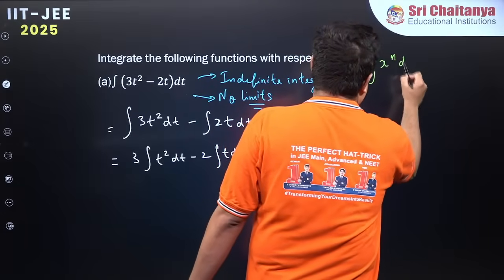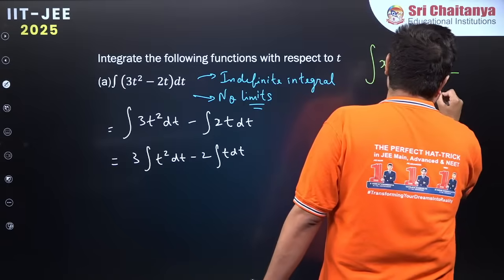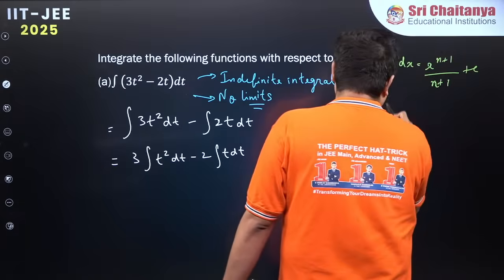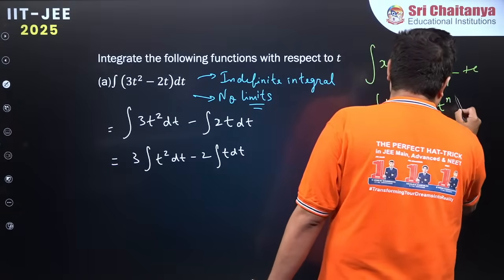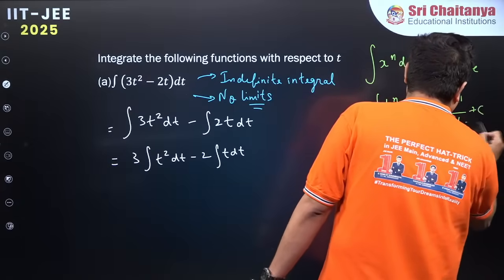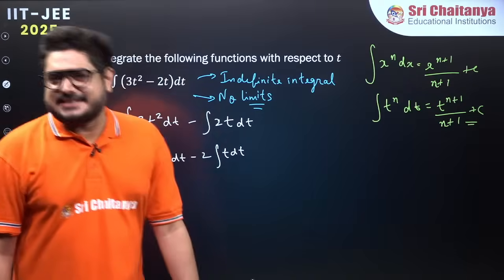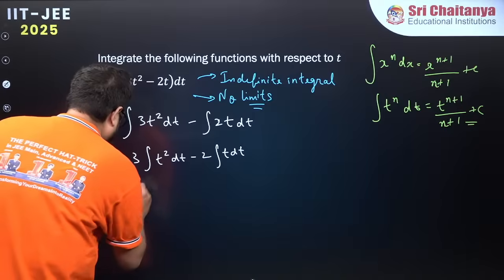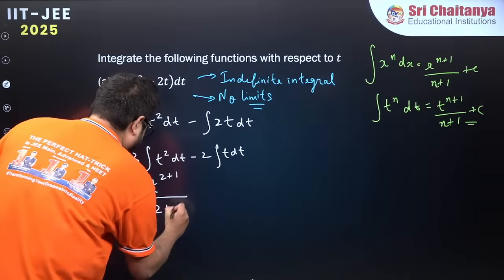Integral of x to the power n dx is equal to x to the power n plus 1 by n plus 1 plus c. Right? So now if the variable is changing to t to the power n dt, it is going to be t to the power n plus 1 by n plus 1 plus c. Yes or no? Isn't it? So what is n over here? It's 2. So what I will be doing? 3 t to the power 2 plus 1 by 2 plus 1.